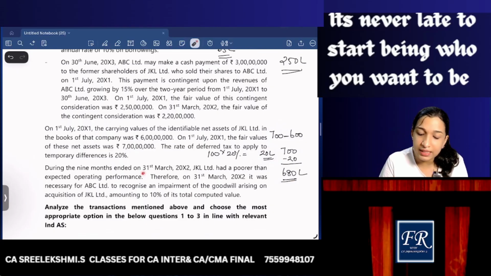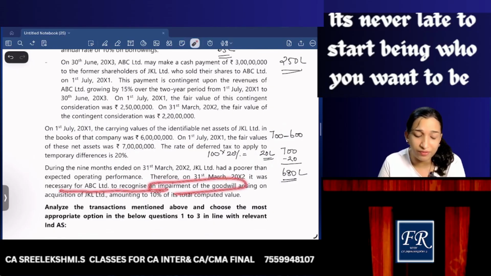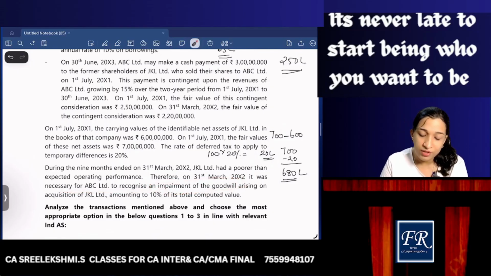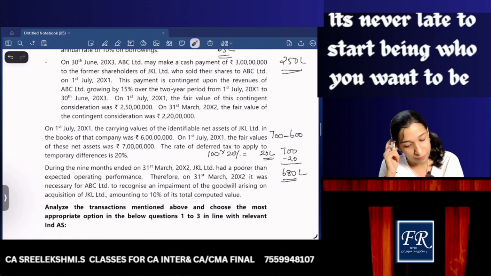During the 9 months ended on 31st March year ending date, JKL had a poorer than expected operating performance. Therefore, on 31st March 12, it was necessary for ABC to recognize an impairment of goodwill, which is amounting to 10% of computed value. Okay, let's find out goodwill first. So, of that total goodwill, 10% is impairment loss.